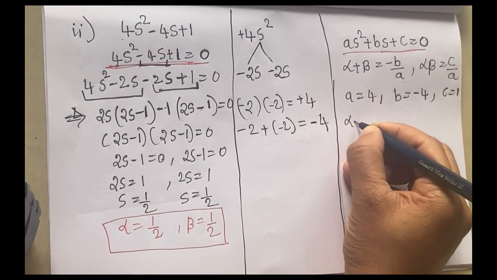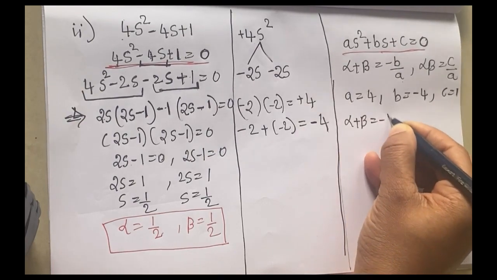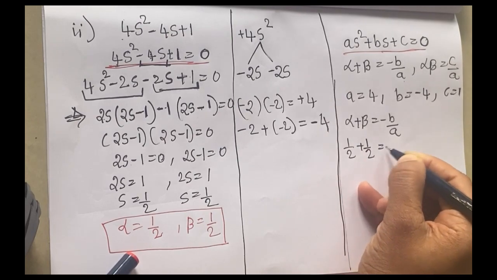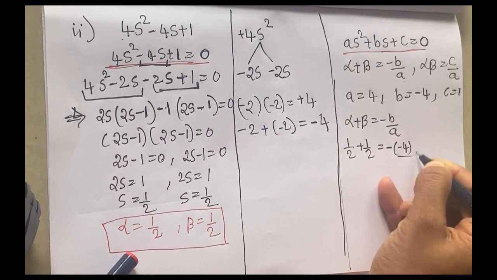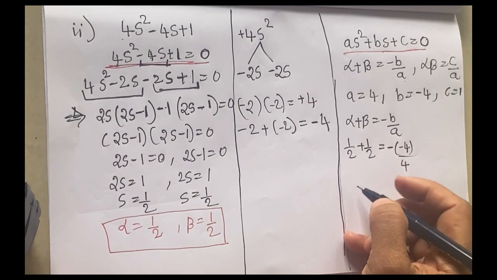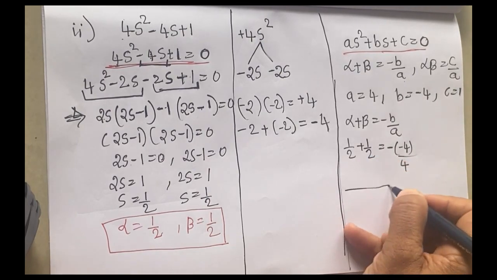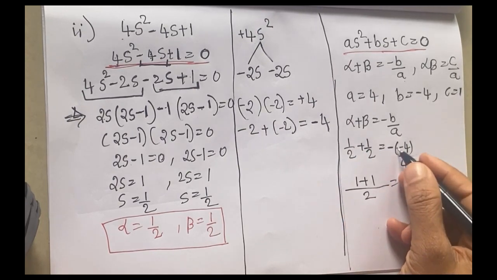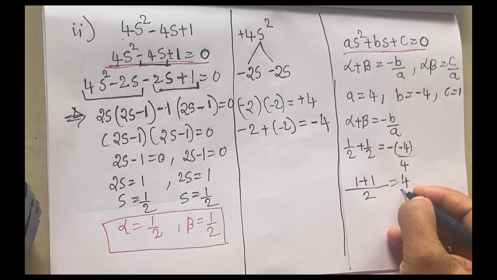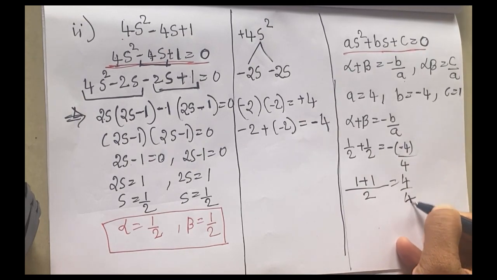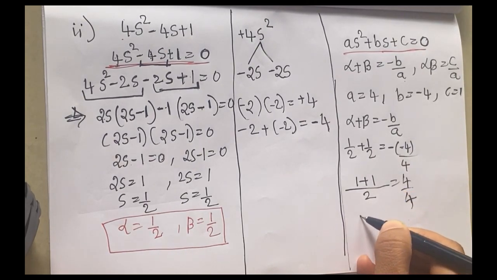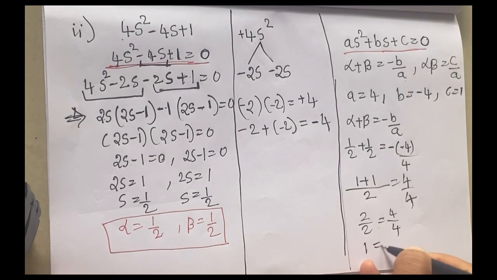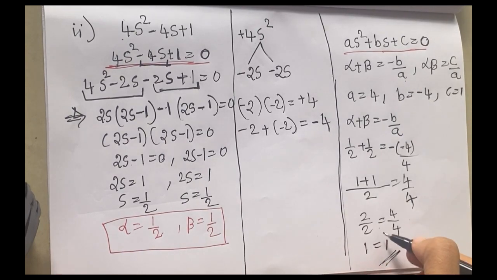Then consider the sum, alpha plus beta is minus b by a. Alpha is 1 by 2, beta is 1 by 2, and minus of minus 4 by a is 4 by 4. 1 by 2 plus 1 by 2, you need to take the LCM 2, so 1 plus 1 by 2, which is 2 by 2. 2 by 2 is 1, 4 by 4 is 1.